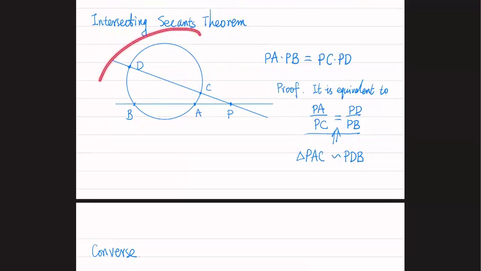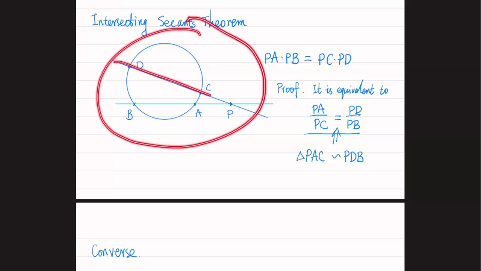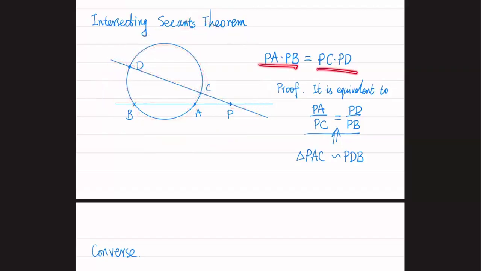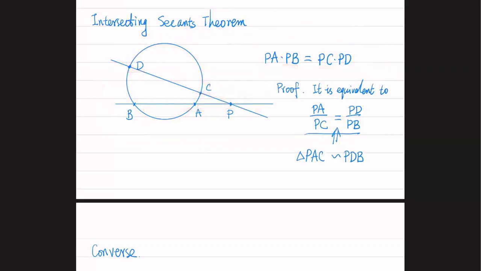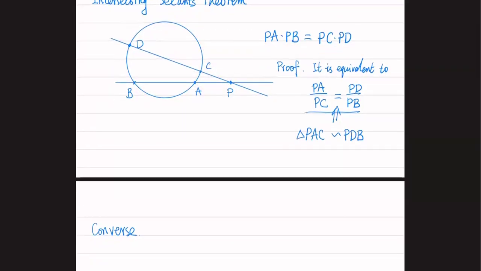If we have two secants of the same circle, then the two products, PA times PB and PC times PD, must be the same. Okay, now let's try to construct the converse. What will be the condition? What will be the conclusion?